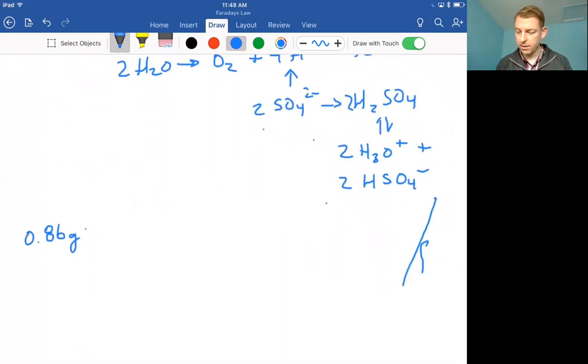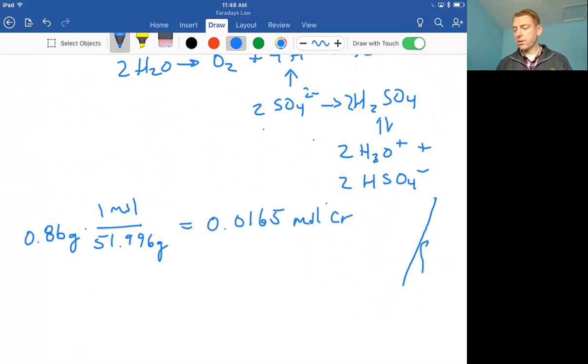Times 1 mole per 51.996 grams chromium. So this is giving us 0.0165 moles of chromium.